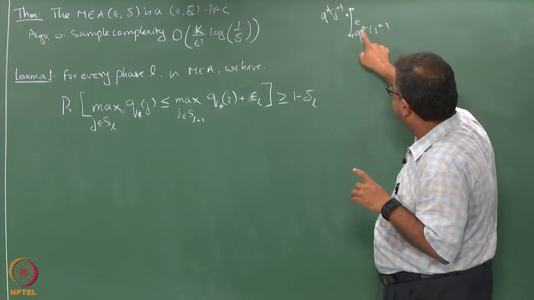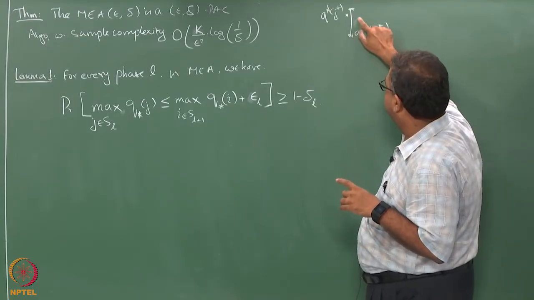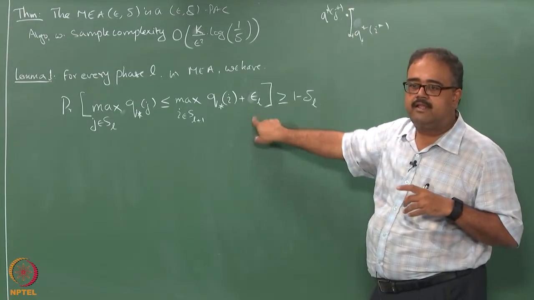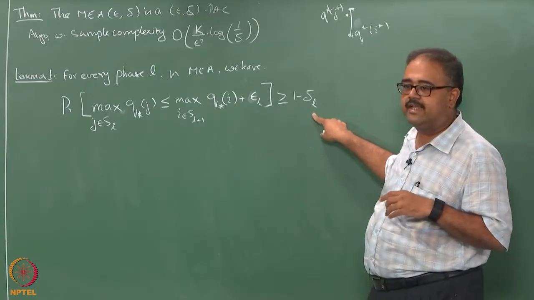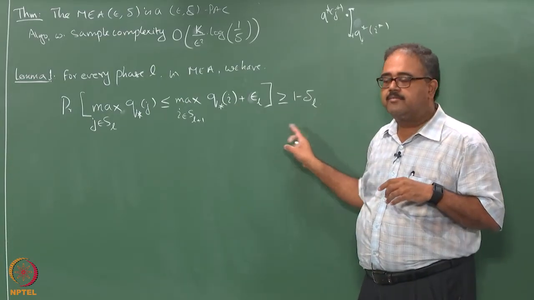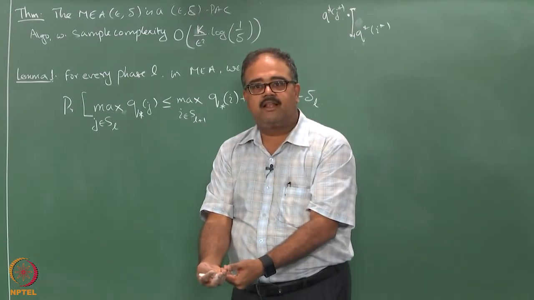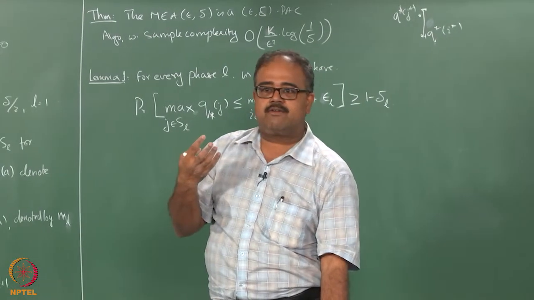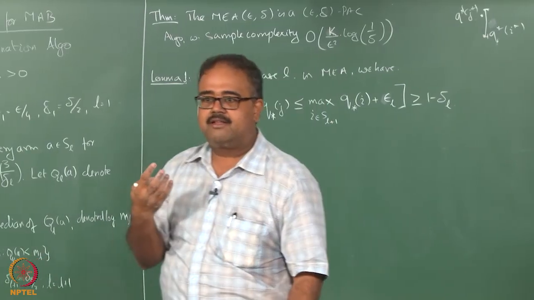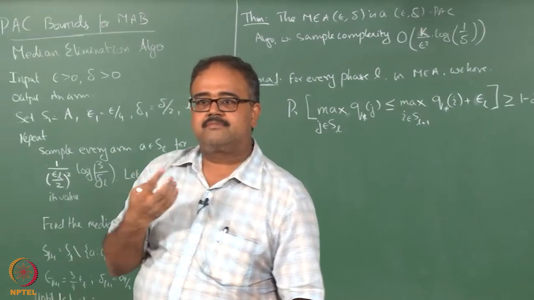Now the thing to notice here is this is not truly epsilon, this is epsilon L, and this is not delta, this is delta L. So why is that the case? Because every round I will lose epsilon L, at most epsilon L, right. So at the end of the day I should not have lost more than epsilon, correct.